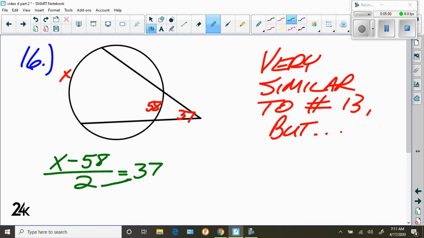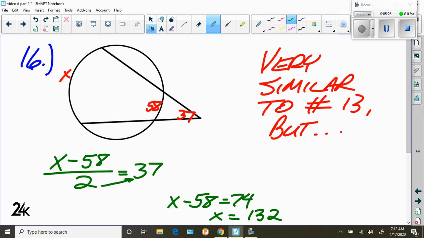So I'm going to double the 37, and I'm going to get x minus 58 equals 74. And then this time, instead of subtracting, I'm going to be adding, right? So it's just going to be 74 plus 58, and that's 132. Okay?